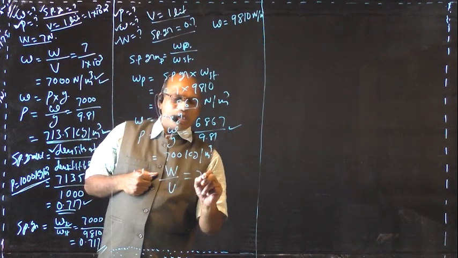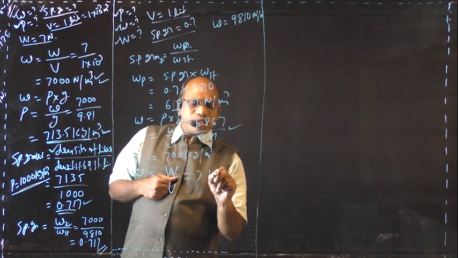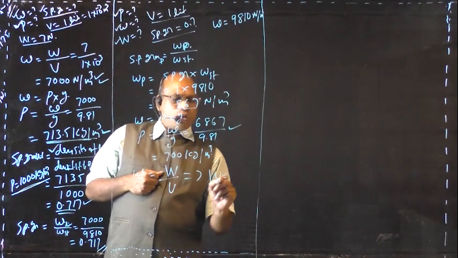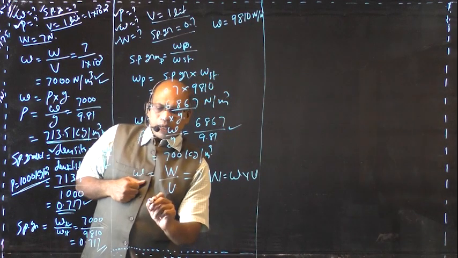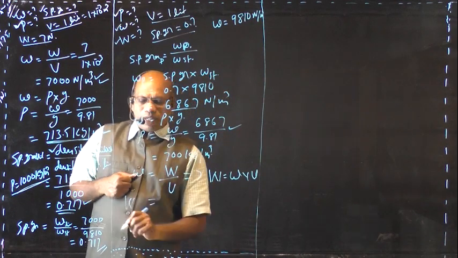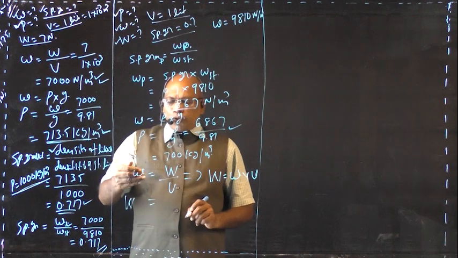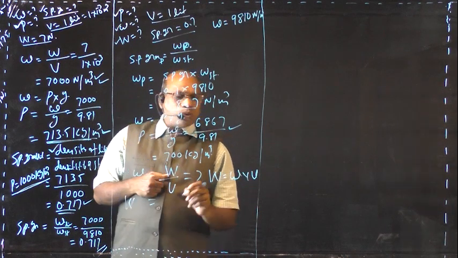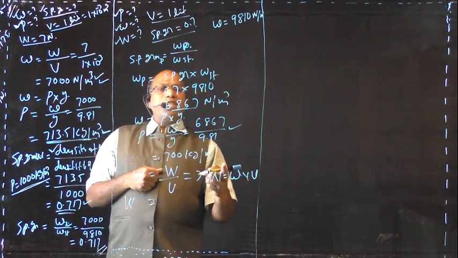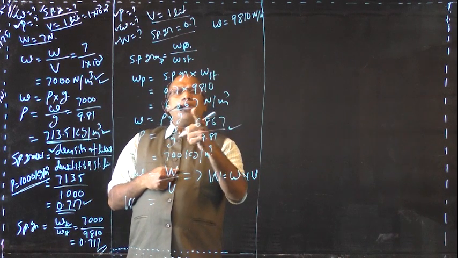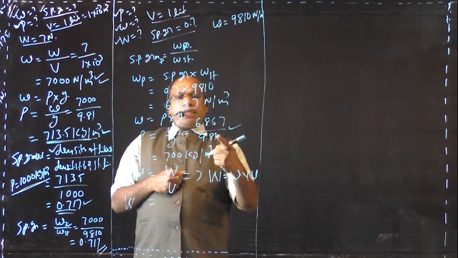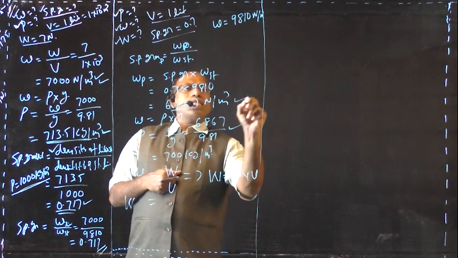From this equation, weight equals unit weight into volume. Therefore, the weight of the petrol is equal to the unit weight we have already determined.